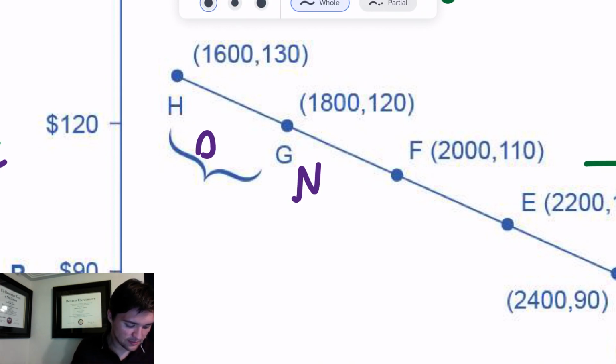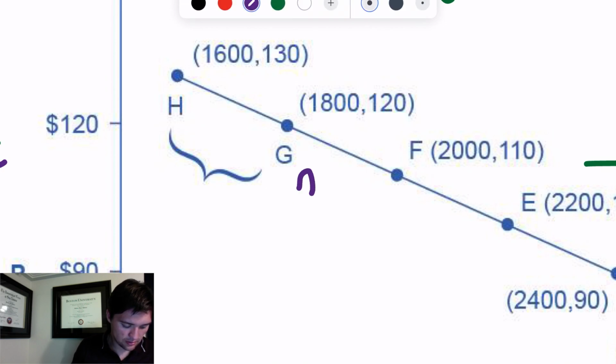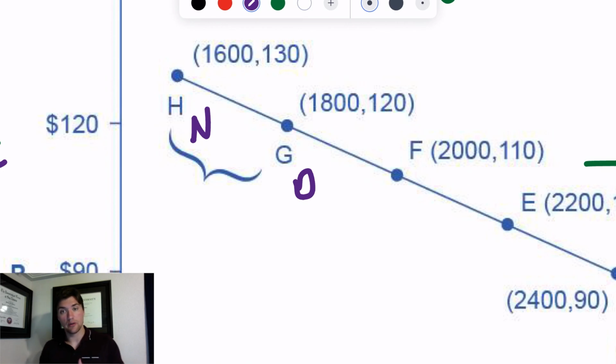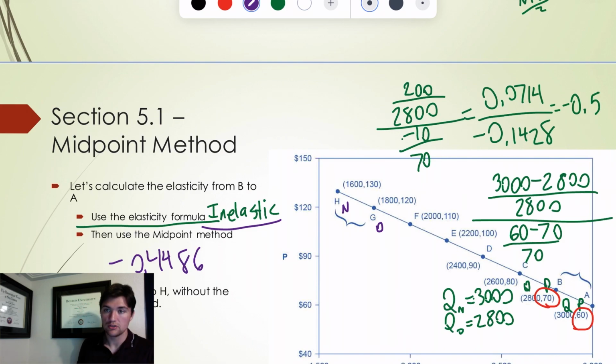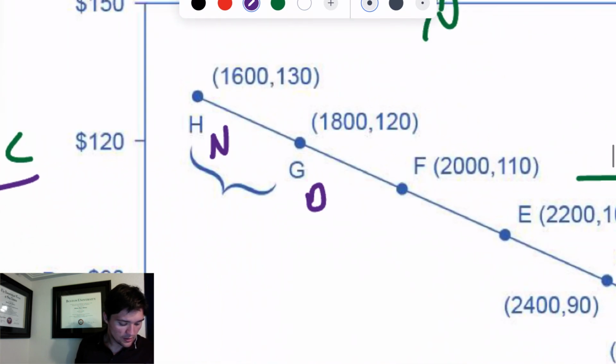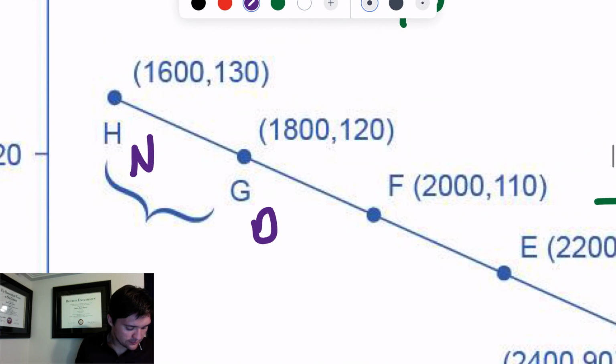See? It has to make sense. G is the old, H is the new. Even I make mistakes, right? But then I have to check myself. New, old. Old, new. G, old, H, new. G to H. Always double check yourself.